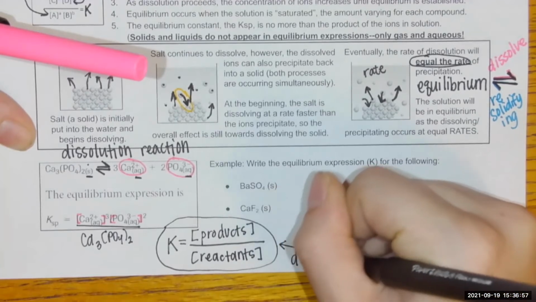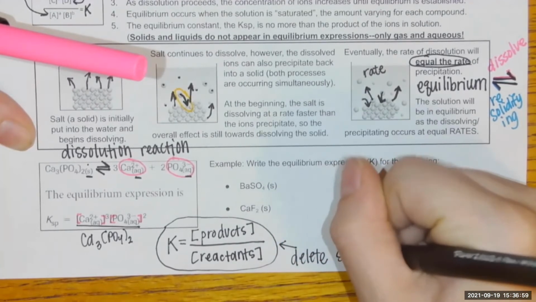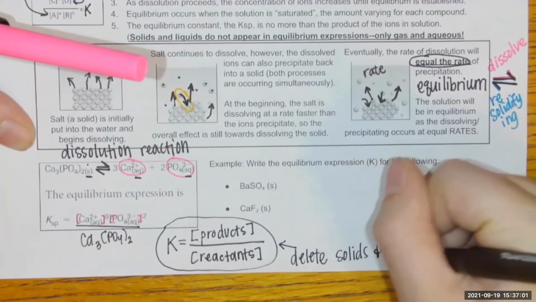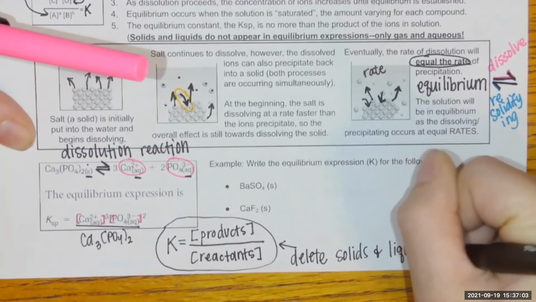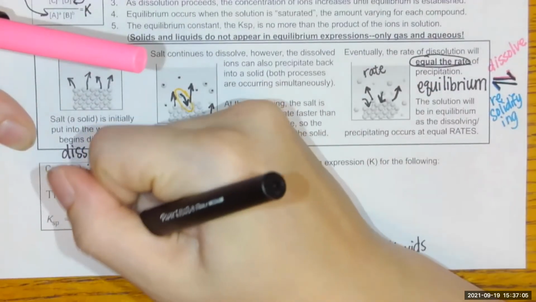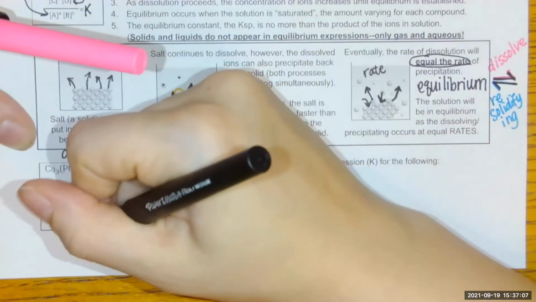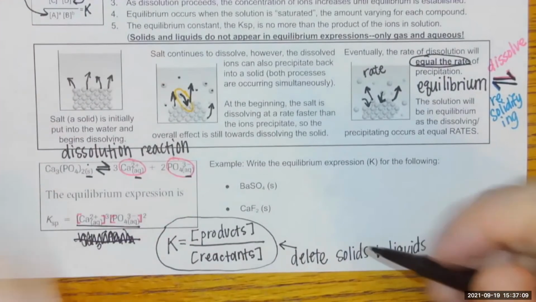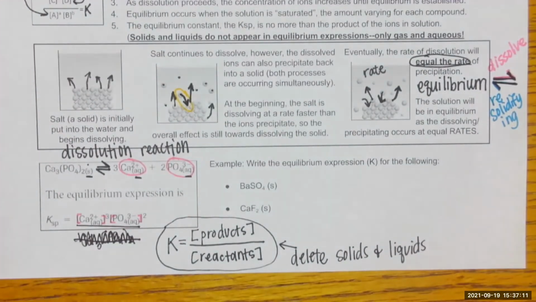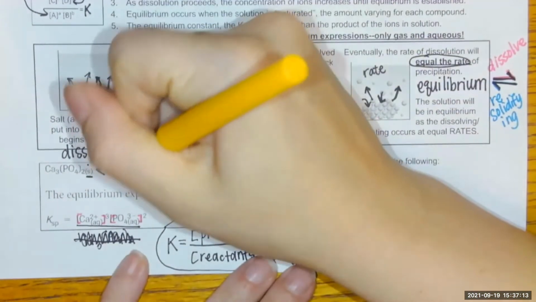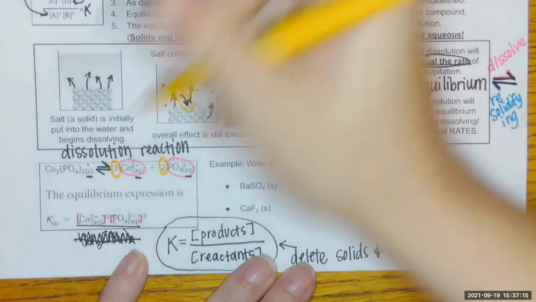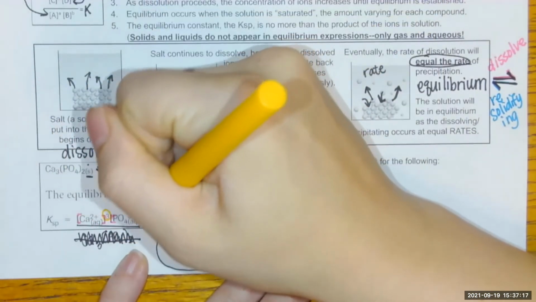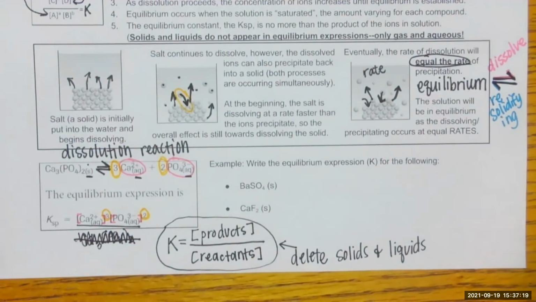You need to delete solids and liquids. So that's why this actually isn't written in the denominator. The 3 and the 2 go here and here.